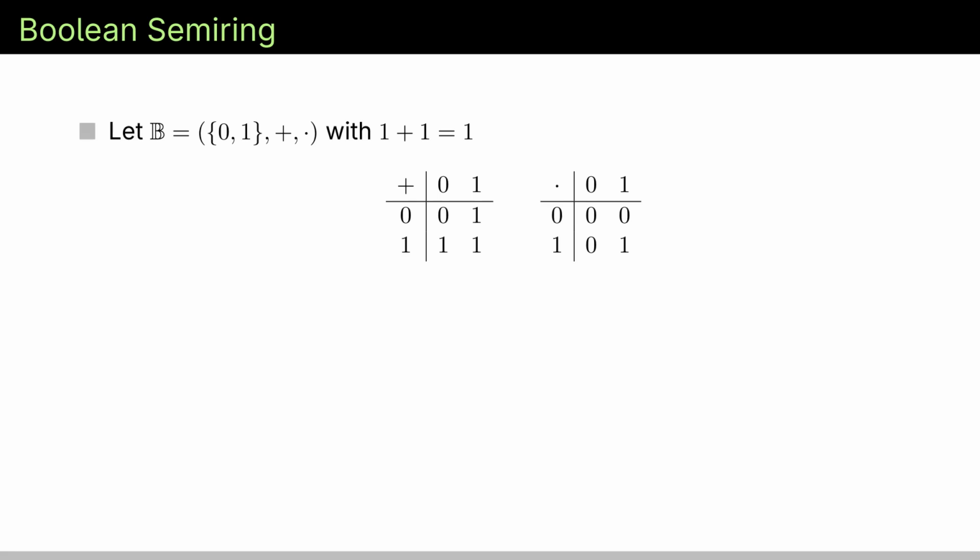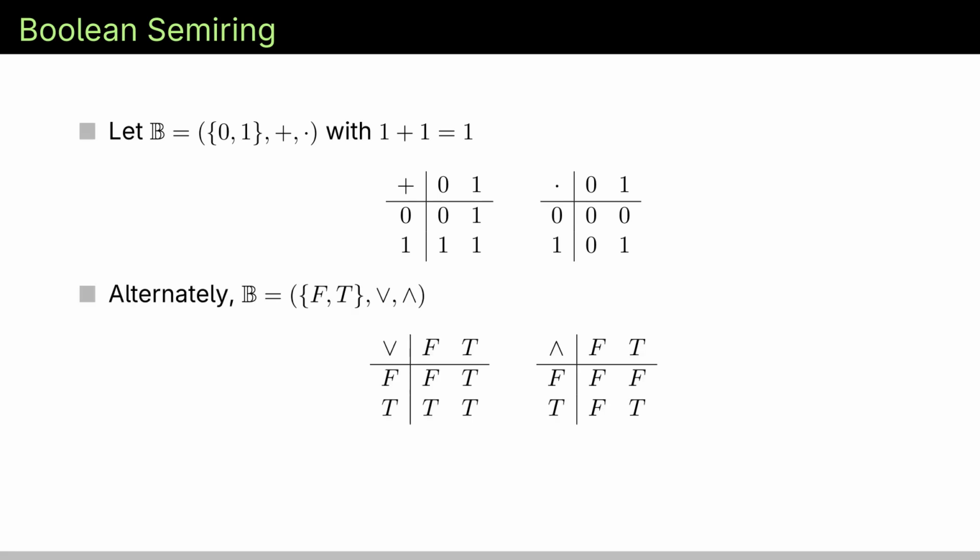You've probably actually seen this structure before in a different form. We can associate 0 with false and 1 with true, and then addition and multiplication become OR and AND respectively. So 1 plus 1 equals 1 might more familiarly correspond to true OR true is equal to true.